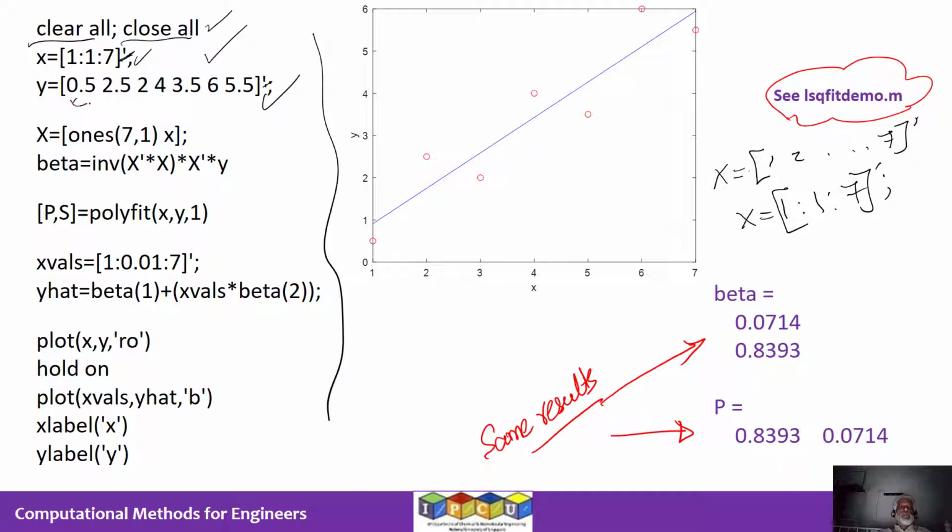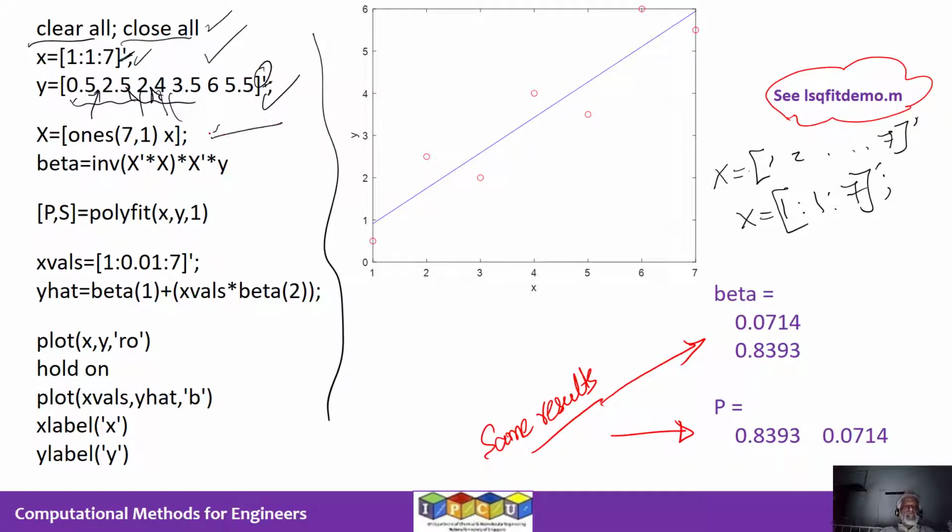And y, the y values from the table, are 0.5, 2.5, 2, 4, 3.5, 6, 5.5, with a blank in between the individual numbers. So that is y. Again, apostrophe to make y a column vector.